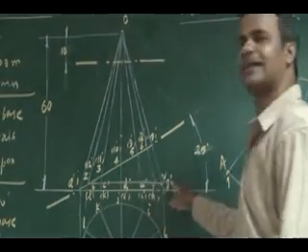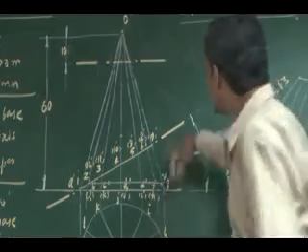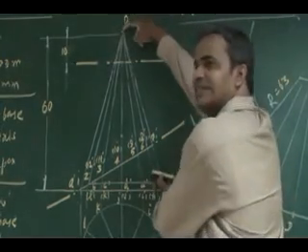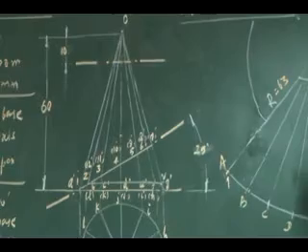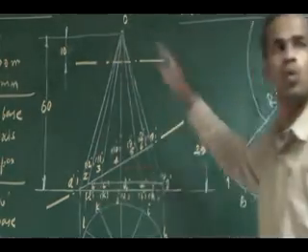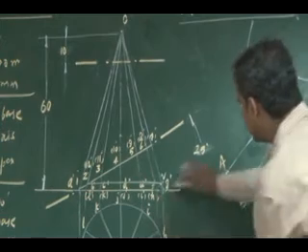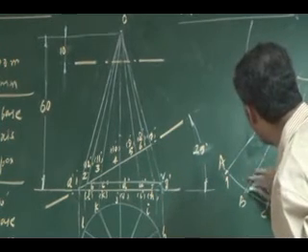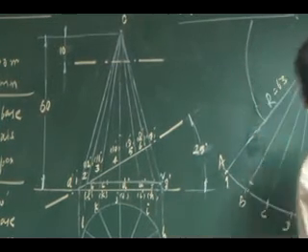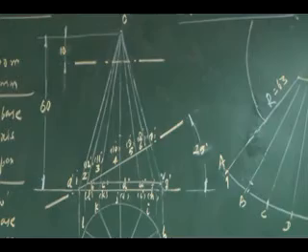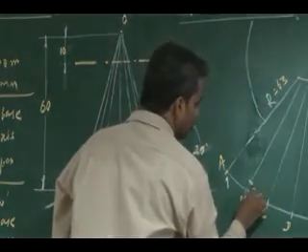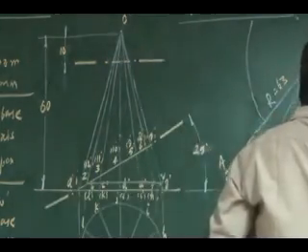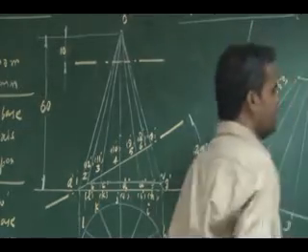Along that generator I have to measure that distance. That distance has to be transferred to which generator? Exactly, OB and OL. So this is my 2. This is my 12.